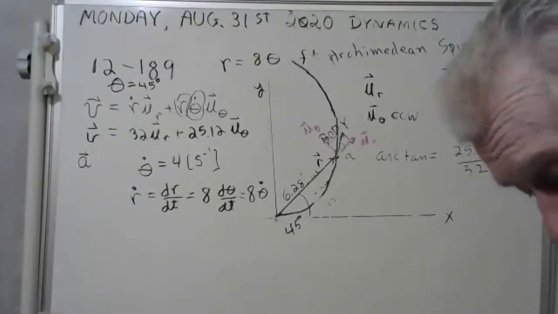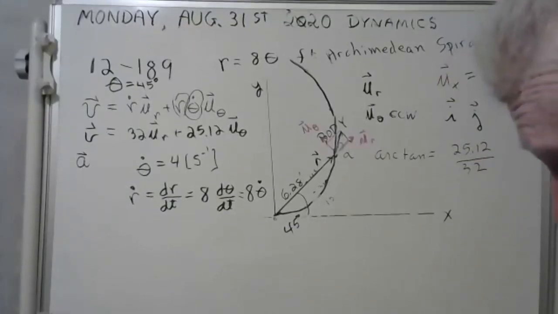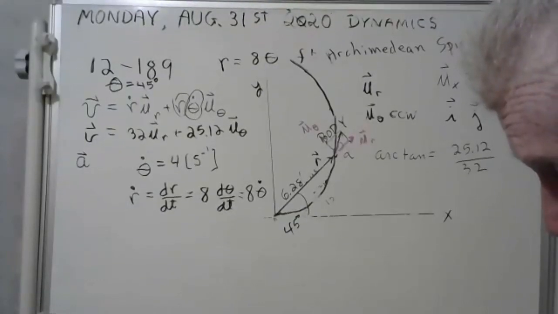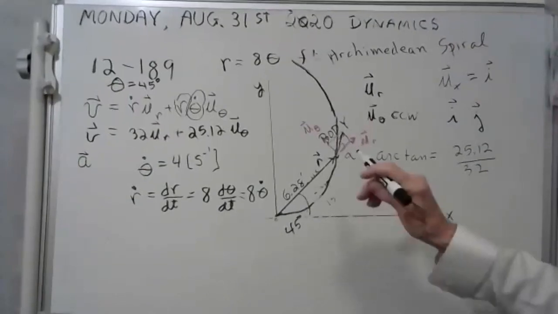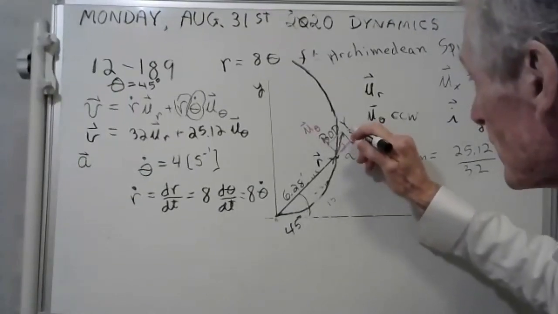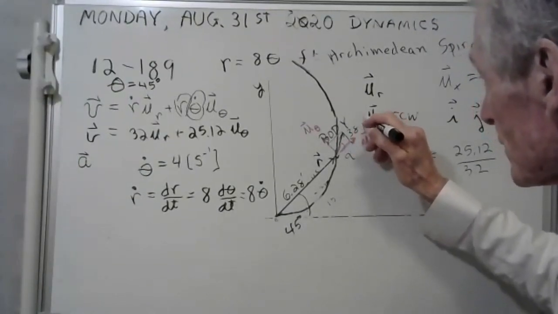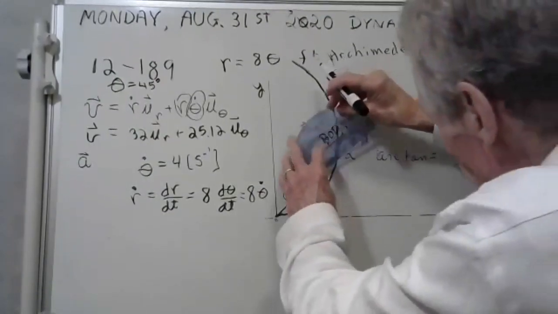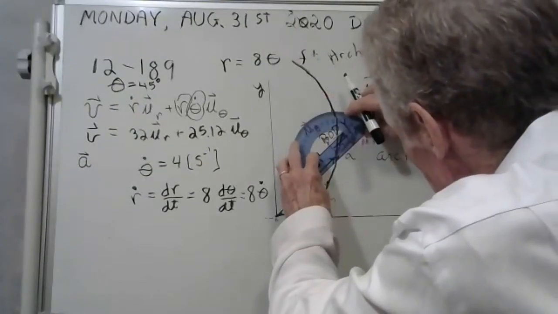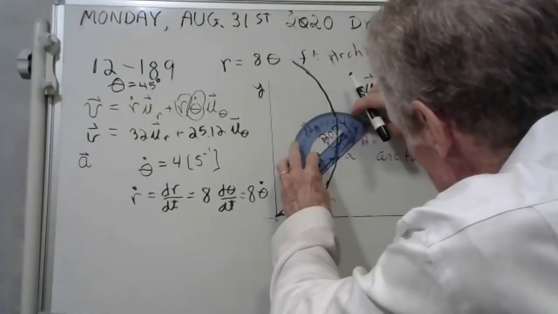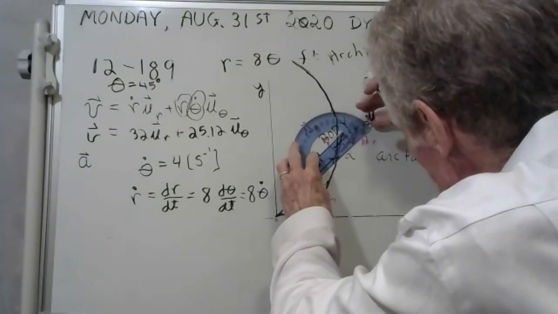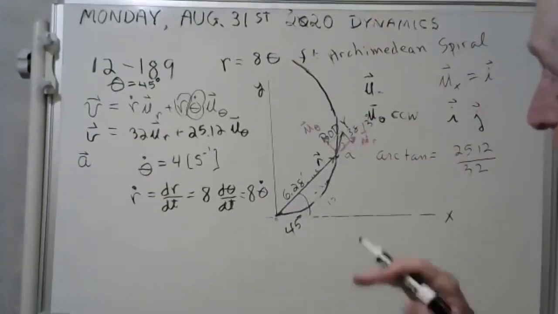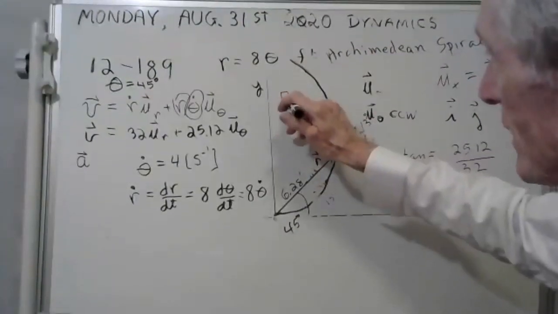Let me do that. 25.12 divided by 32, arc tangent. 38.13. This angle should be 38.13 degrees. Well, if you put your protractor on there, and dang, it's about 38 or 40 degrees like we said. That checks out. See, this is called checking your work.